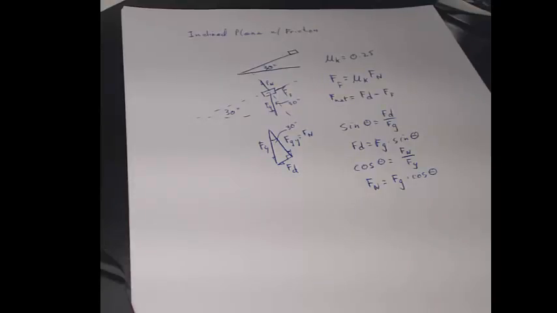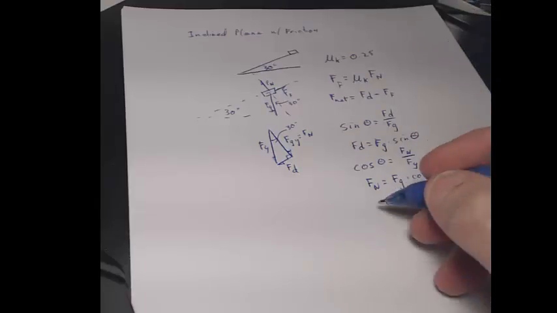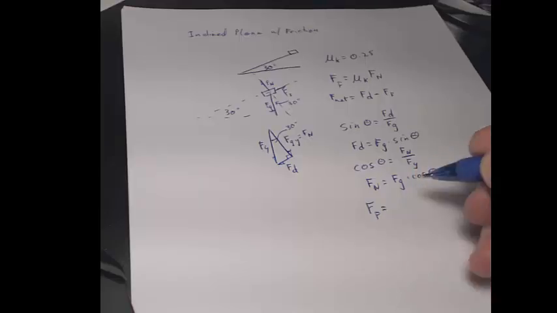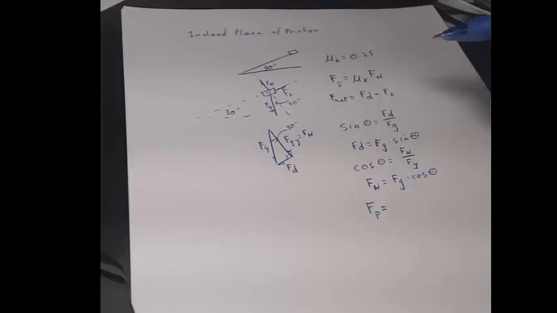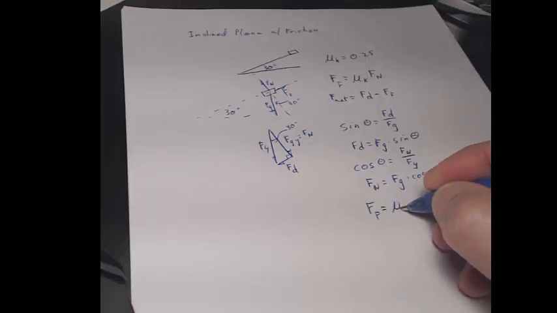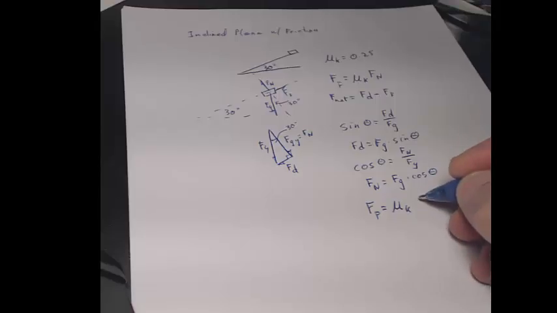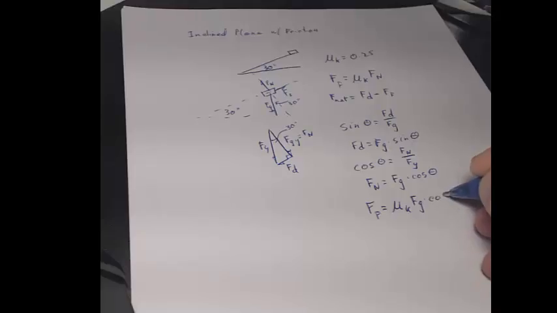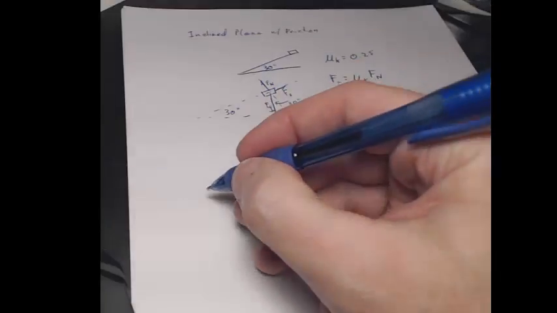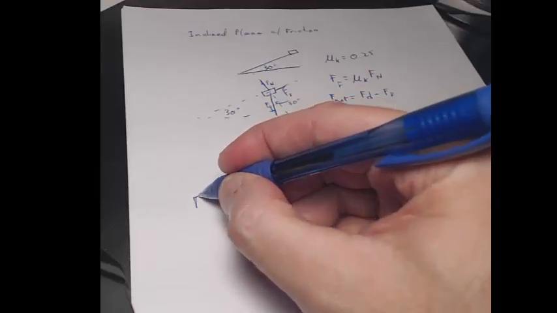So now I can figure out what my frictional force is and then plug that into my net force equation. My frictional force is going to be my coefficient of kinetic friction, mu sub k, times my normal force, which we just decided is the force of gravity times the cosine of my angle. So now I'm going to take my net force.